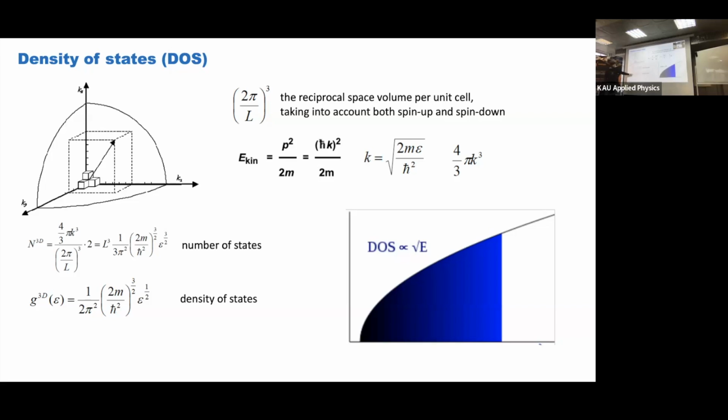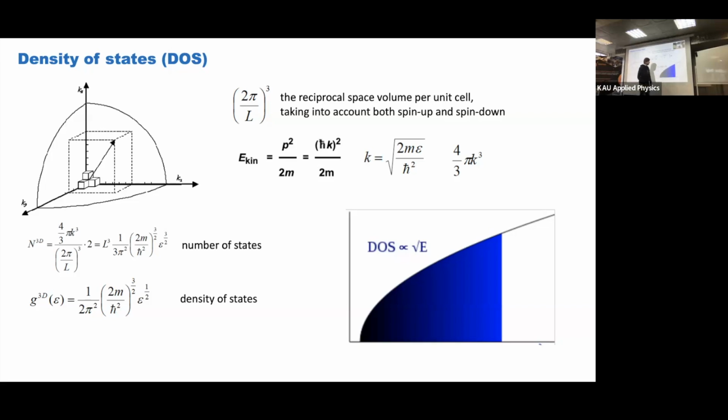Then I can calculate the density of states. It's how many states there are inside some energy interval. So I should divide it by energy, by E, and I will see that the density of states for the simplified 3D case is proportional to the square root of E, and I can make this plot. Here all states are filled. Here states are empty.